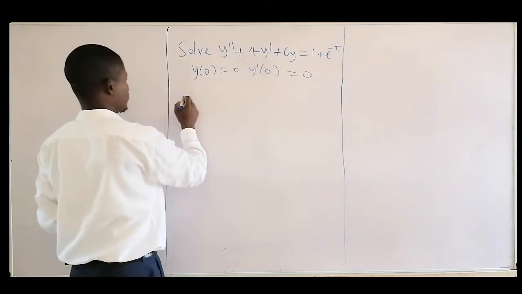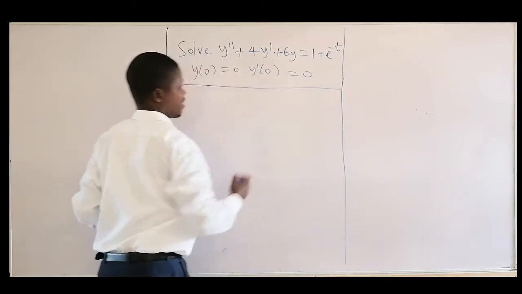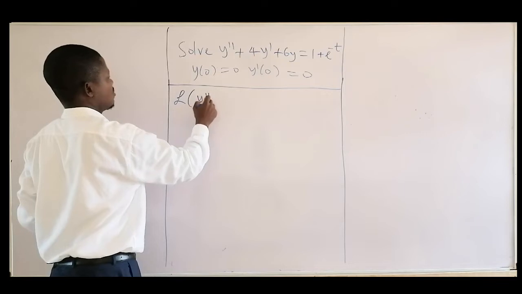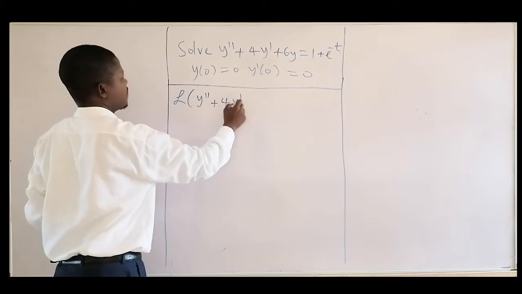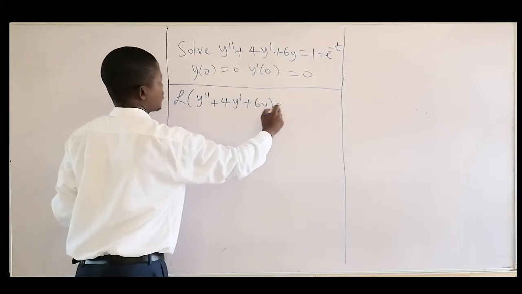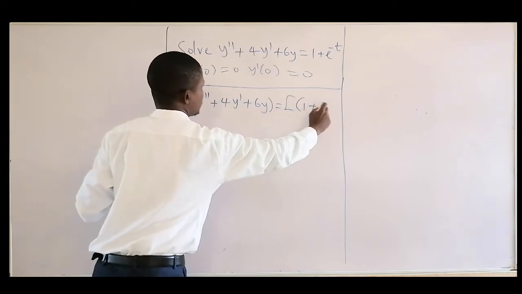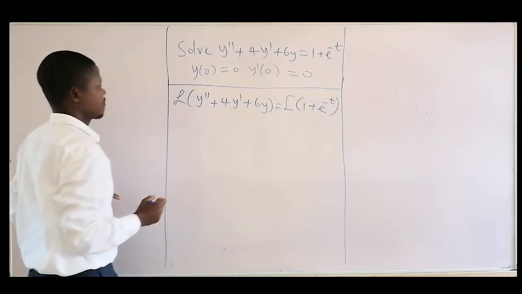Step one is to take the Laplace of the equation. The Laplace of y double prime plus 4y prime plus 6y equal to the Laplace of 1 plus e to the minus t.